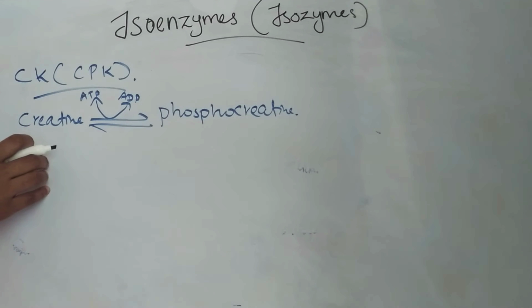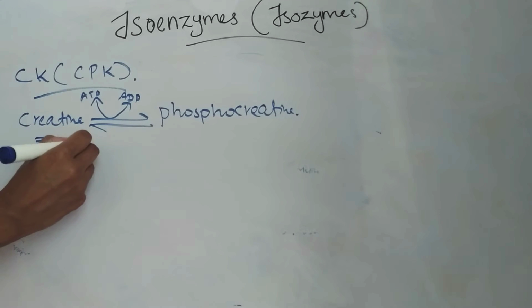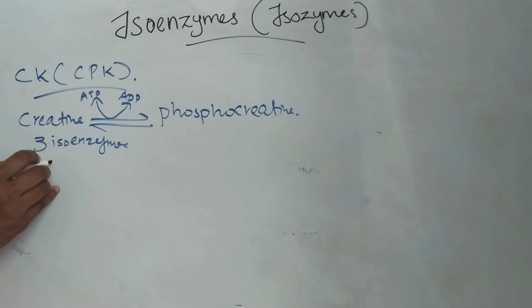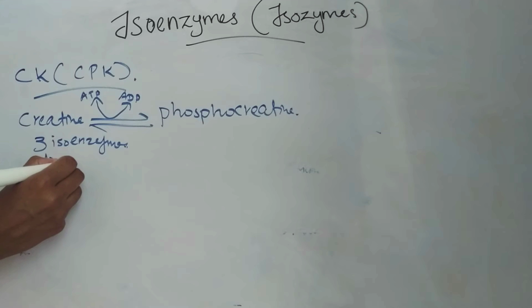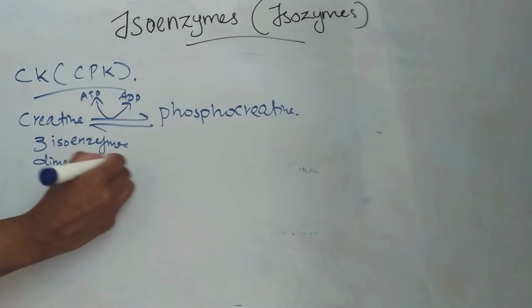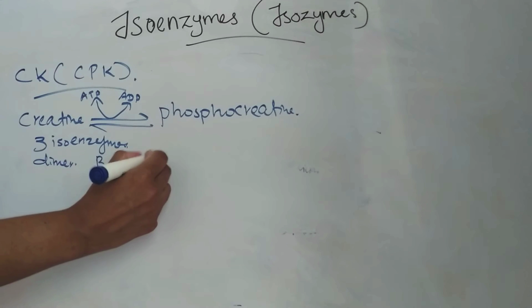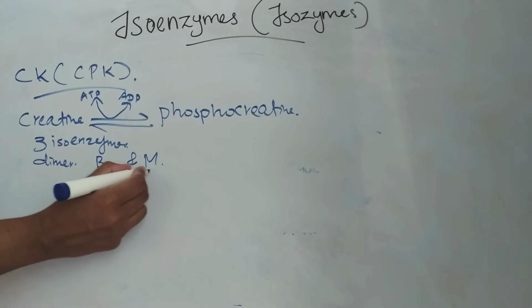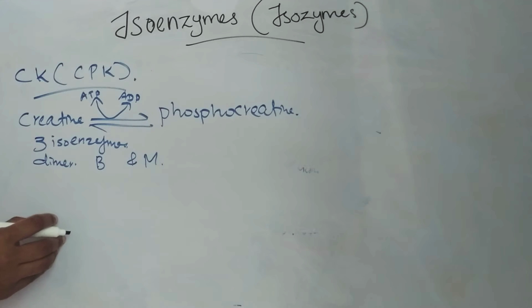It's a reversible reaction. Mainly 3 isoenzymes are there for CK, and it is a dimer composed of B and M units. B for brain and M for muscle.